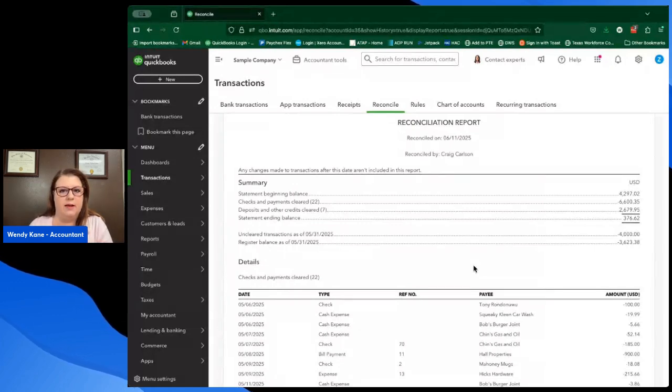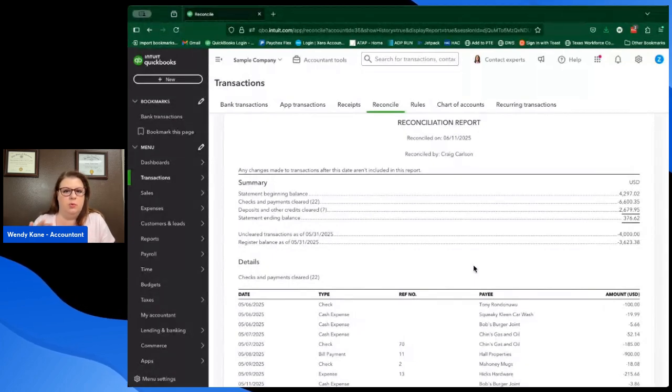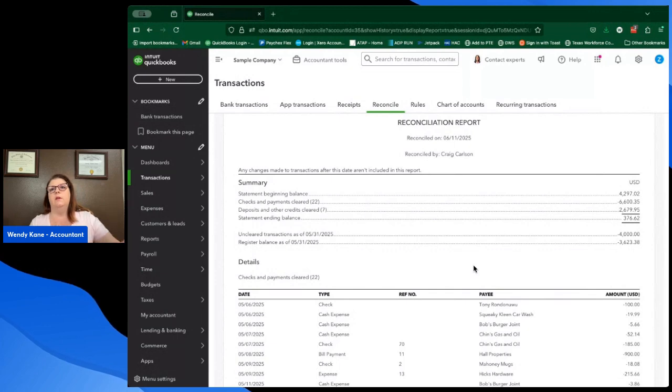Now, there could be legitimate reasons for this. Perhaps you either wrote a check or made some type of payment right at the end of the month, let's say, the last day of the month, like May 31st. So you went ahead and recorded that in QuickBooks for May. Well, everything takes at least a day to clear.